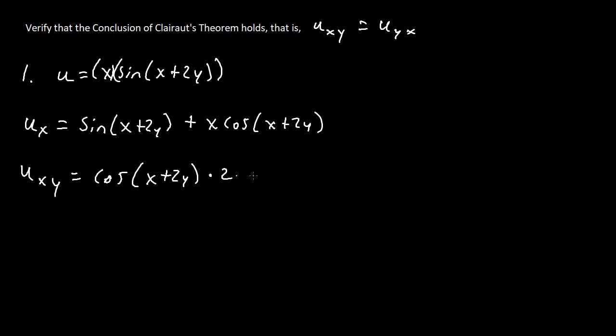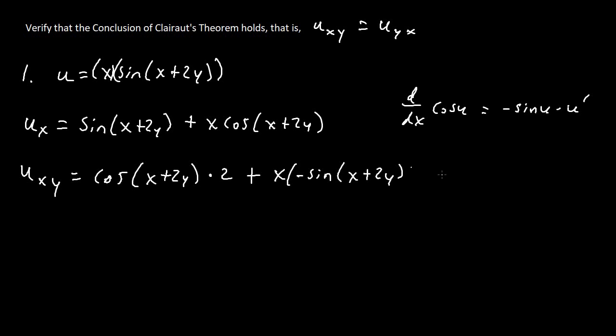And then we have plus, well, in this case x is a constant, and the derivative of cosine of u, once again, is equal to negative sine of u times u prime. So we have x times negative sine of the inside function left unchanged, and then times u prime. The derivative of that inside function, x plus 2y, is once again going to be 0 plus 2, which is 2.